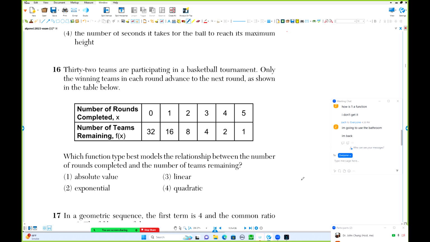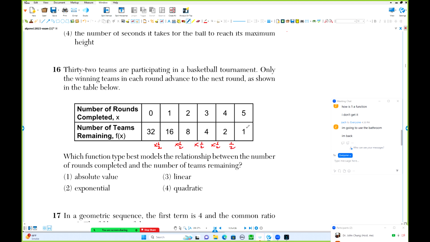All right, number 16. 32 teams are participating in the basketball tournament. Only the winning teams advance to the next round, so it's getting cut in half each time. So we have 32. In the first round, half of this is removed, divided by 2, or times 1 half. Times 1 half, times 1 half, times 1 half.